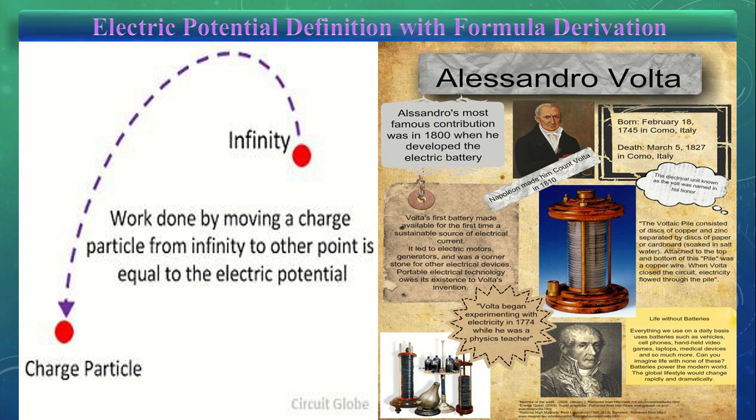Why? It has been named volt in order to honor Alessandro Volta. Then we need to know exactly who this great person is. Who is Alessandro Volta? Alessandro Volta was a physicist, chemist, and a pioneer of electrical science. He is most famous for his invention of the electric battery.